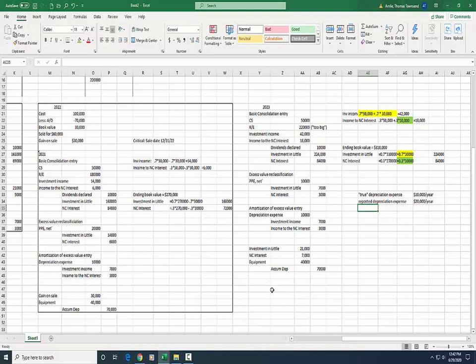We're reversing it on the consolidated income statement. So we're going to reduce depreciation expense. Basically, this is just a reversal of part of the depreciation entry that the parent recorded on their books. So this corrects the depreciation expense.